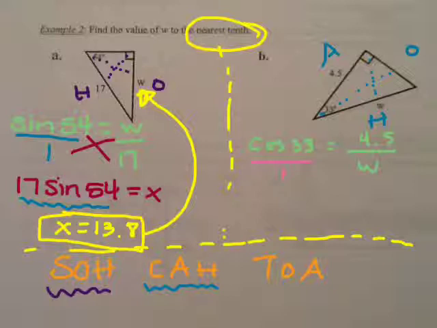So we get W cosine of 33 is equal to 4.5. We need to get W by itself, so go ahead and divide by the cosine of 33.